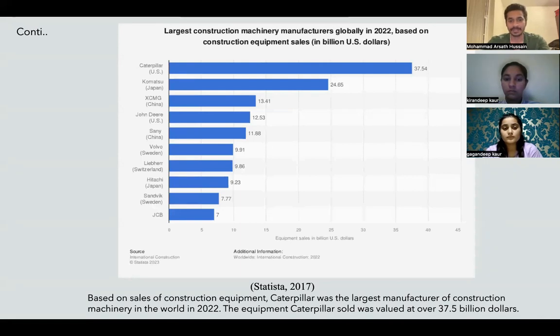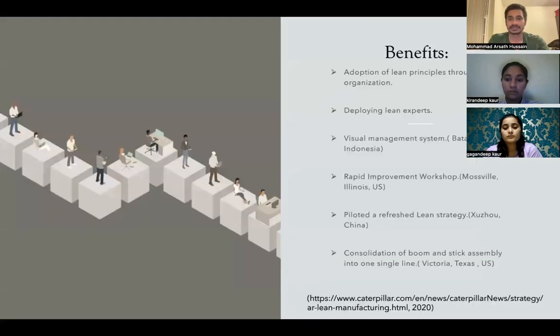There are two big producers in construction equipment, the American company Caterpillar and the Japanese company Komatsu. And it is anticipated that the construction machinery business would reach around 332.4 billion dollars in the United States alone. So coming to the next slide.